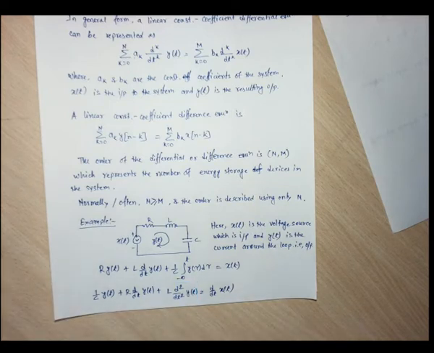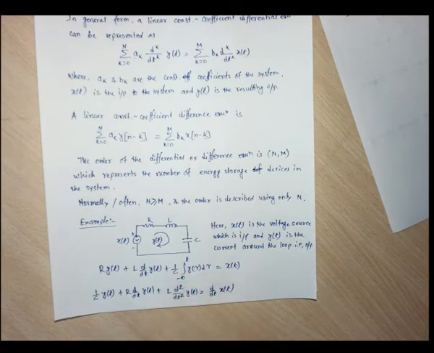So this differential equation describes the relationship between the current y(t) and the voltage x(t) in the circuit. In this example, the order N equals 2 and the circuit contains two energy storage devices.